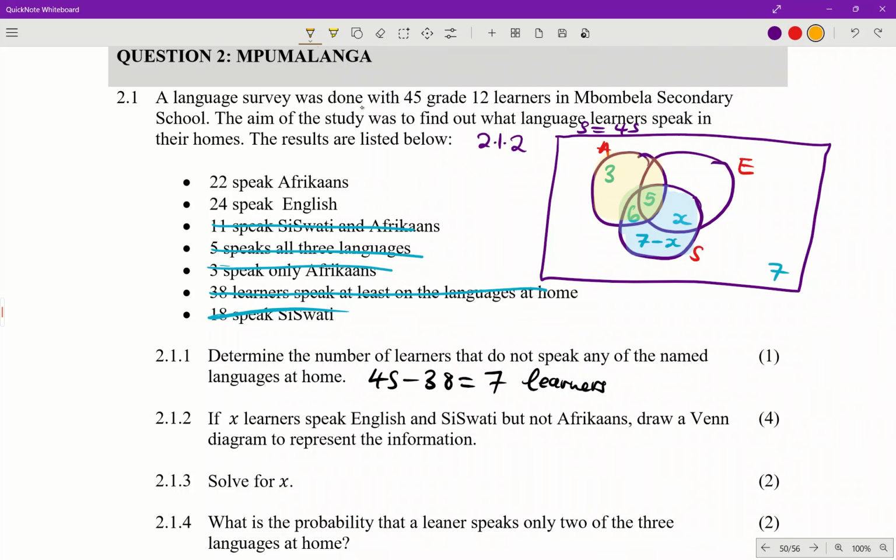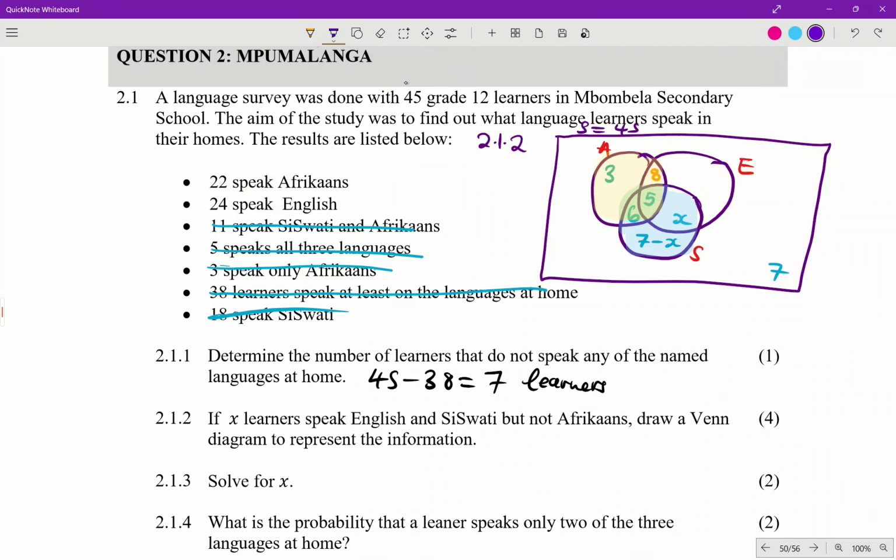From 22 subtract the 3, start with the bigger value and then go in descending order, and then 5 minus 3. So 22 subtract 6, subtract 5, subtract 3, so that's 8. So it means you have 8 there. You see, you're getting this right, guys.